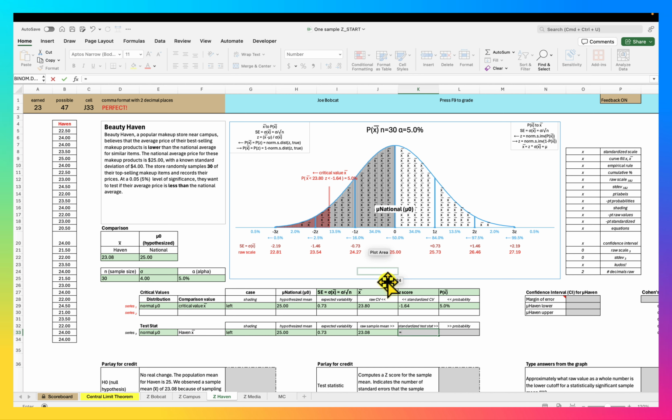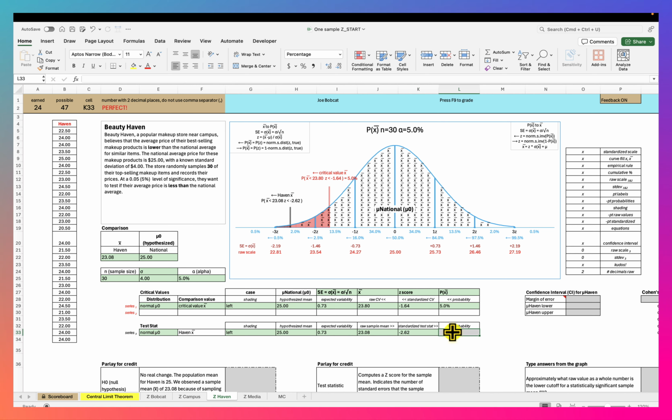So that's equal to that sample mean, in parentheses, minus the population mean, divided by the standard error. And then the probability of that, when you're looking left, is just NORM.S.DIST.